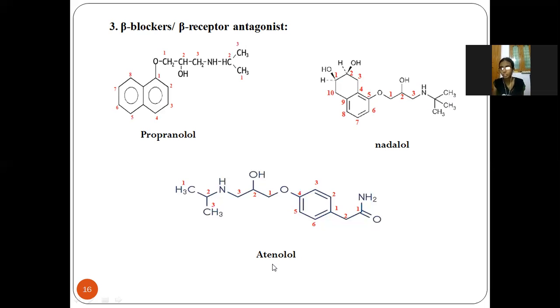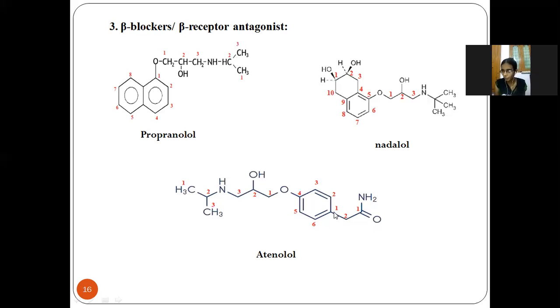Next structure is atenolol. If you see the structure here, this is the benzene, which has 6 members, 1, 2, 3, 4, 5, 6. So in the first position, the acetyl group is attached. See here, the acetamide group is there.